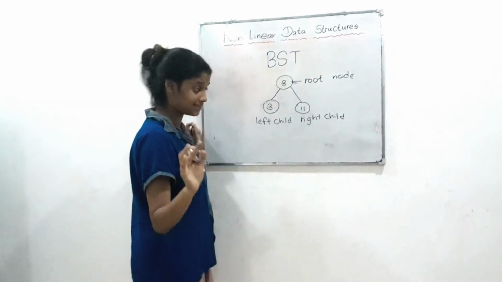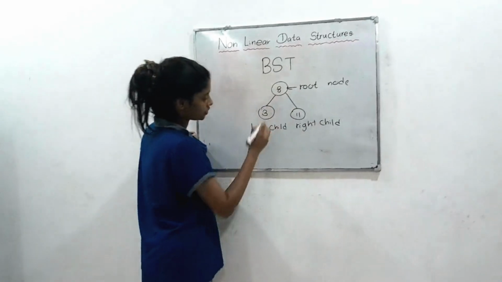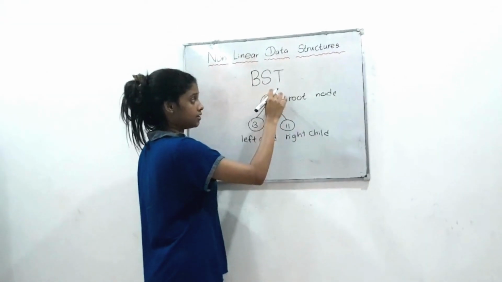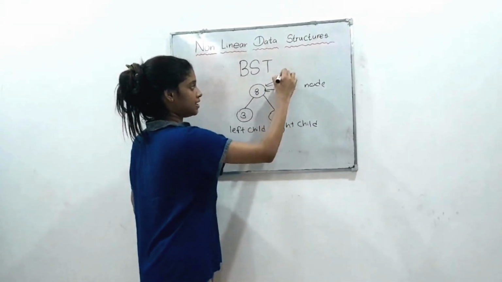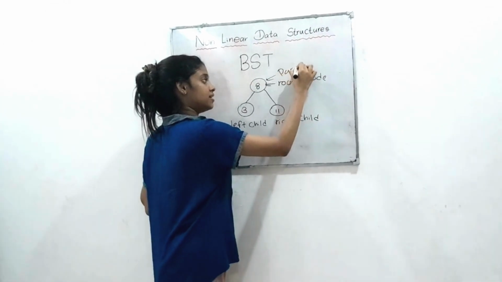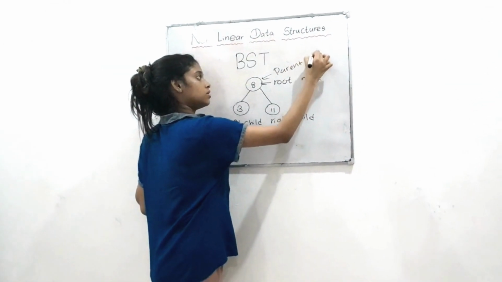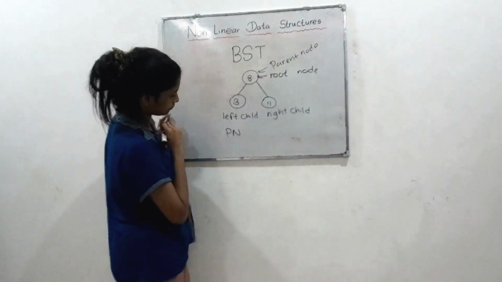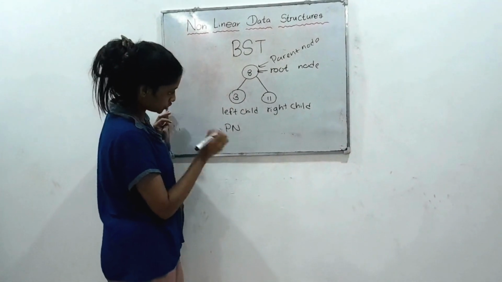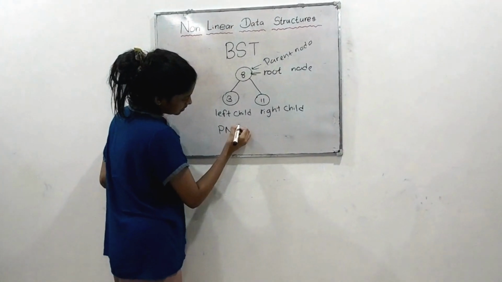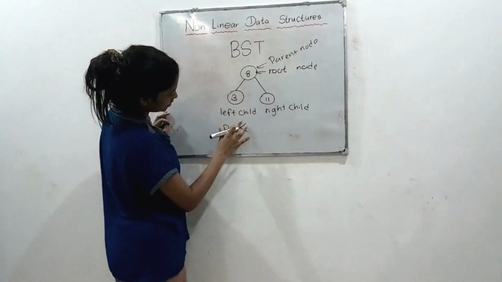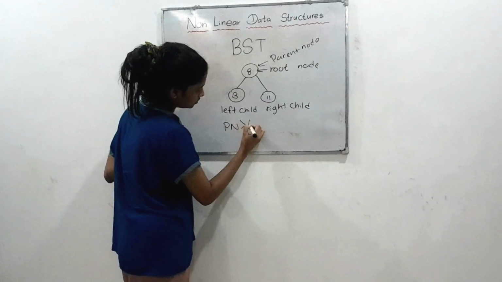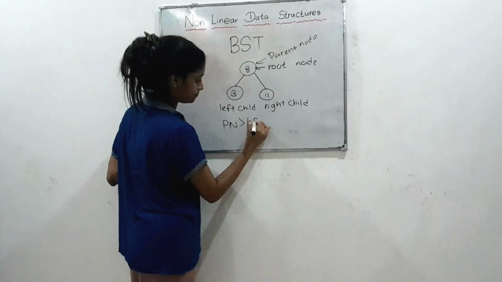Always in BST, the root node, and this can identify as parent node as well, right? Your parent node always should be less than your left child.